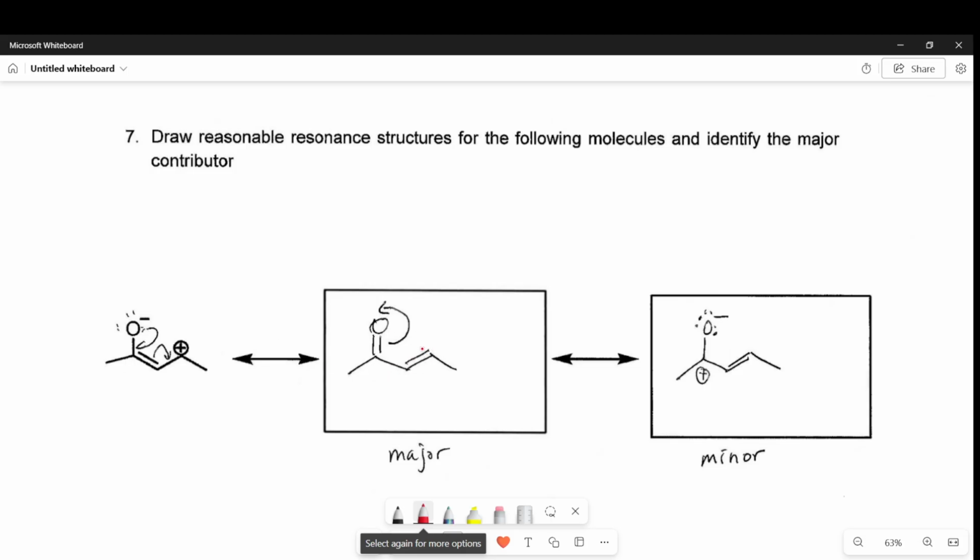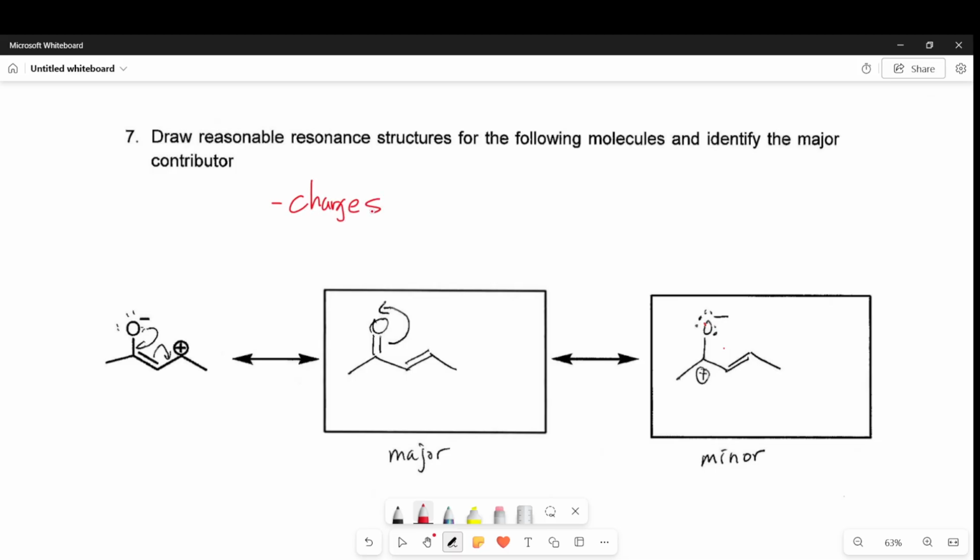If you are also to draw another resonance from this to go to this one, you just move a pair of electrons out of this carbon-oxygen bond in this direction, and you will end up getting this resonance structure. If you look at this structure and that structure, they have what is called charge separation.